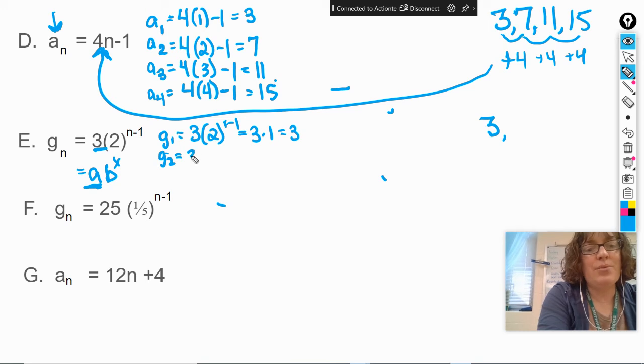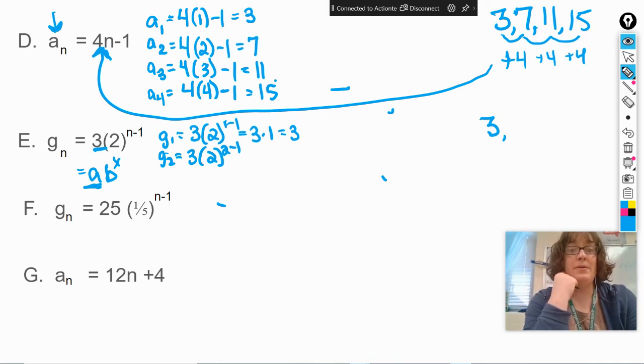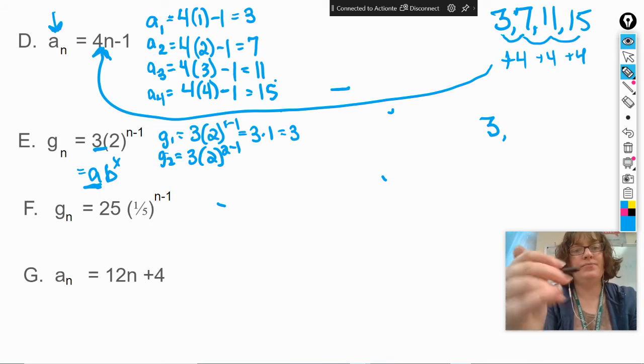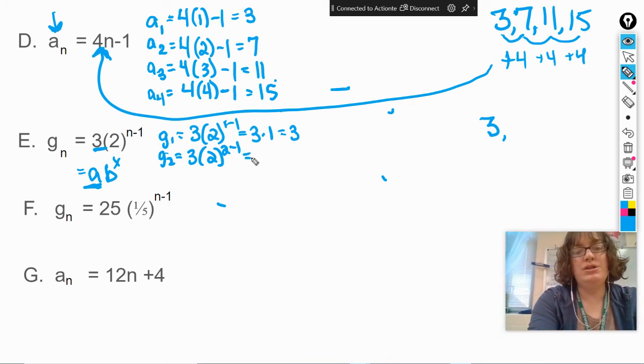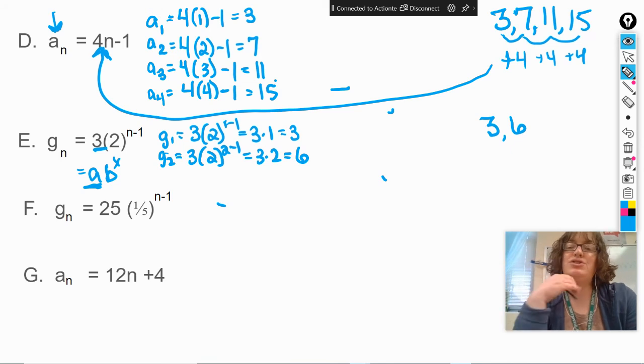So the second term, we write 3 times 2, but this time we're replacing the n with a 2, so 2 minus 1. So starting with that exponent, 2 minus 1 is 1, and 2 to the first power is just a 2. So I end up getting a problem of 3 times 2, which is 6. My next term is a 6.